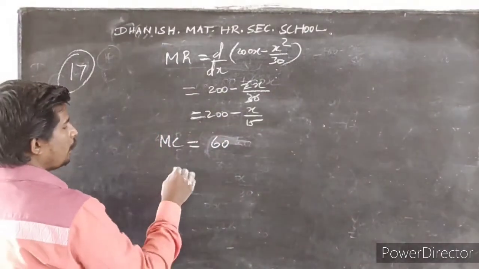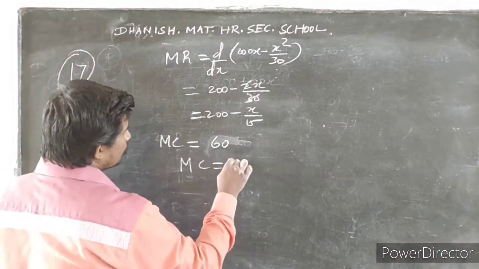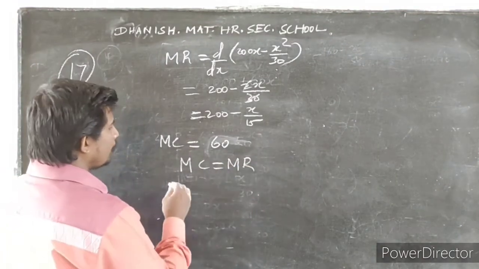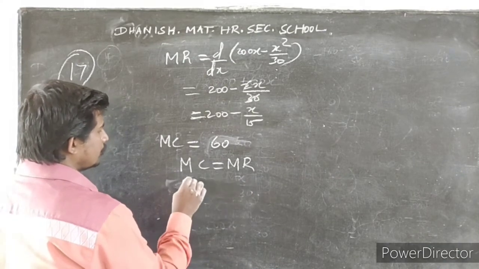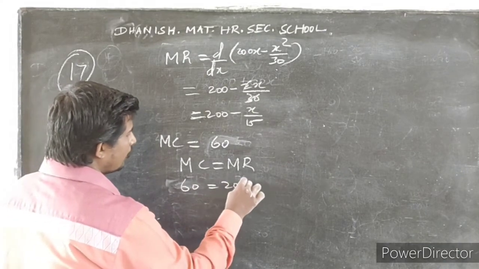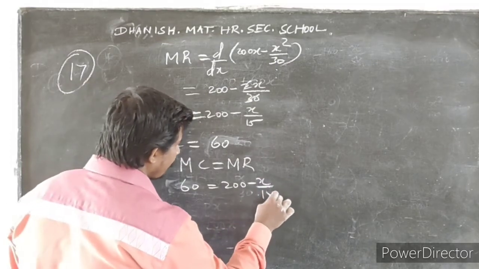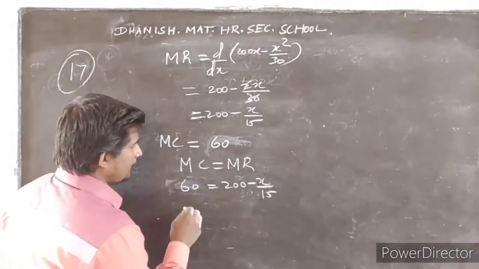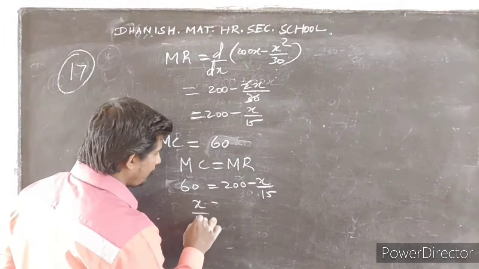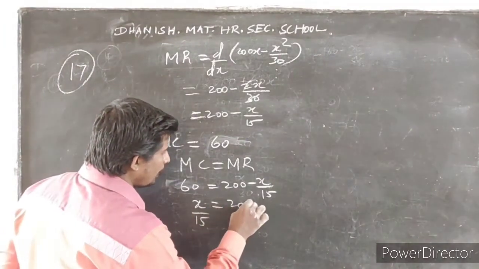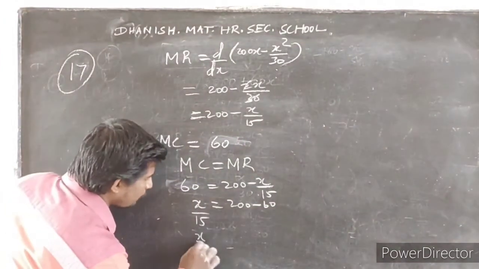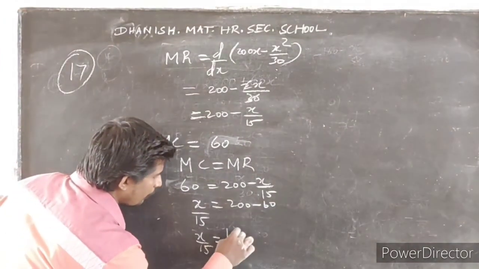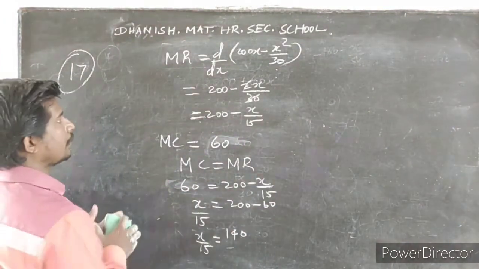Now I'm going to equate MC equal to MR. So 60 equal to 200 minus x by 15. Now x by 15 equal to 200 minus 60. Now x by 15 equal to 140.